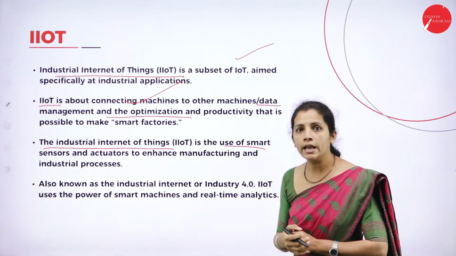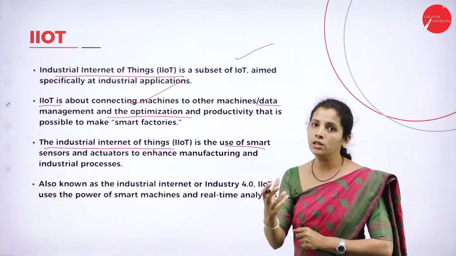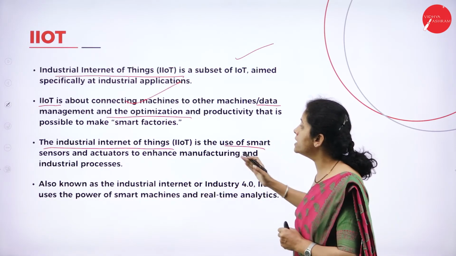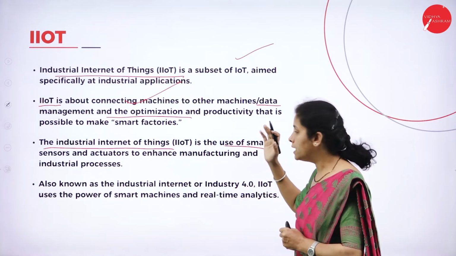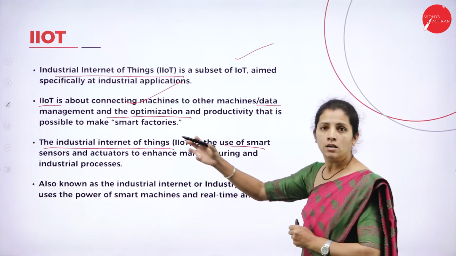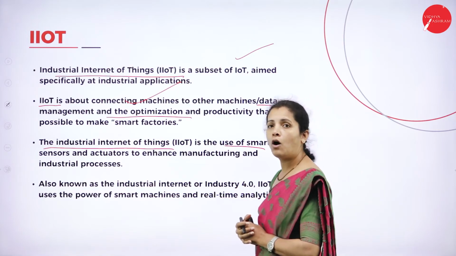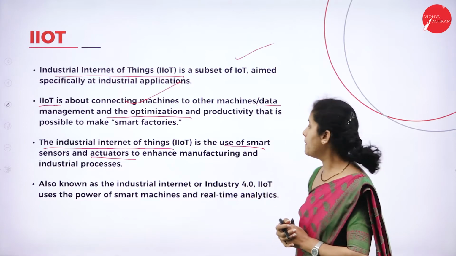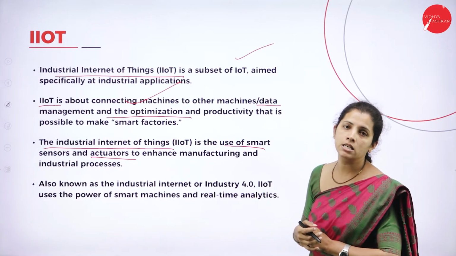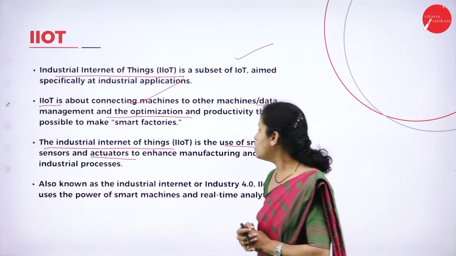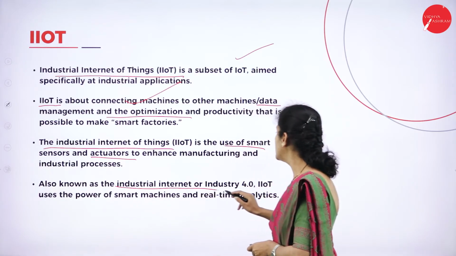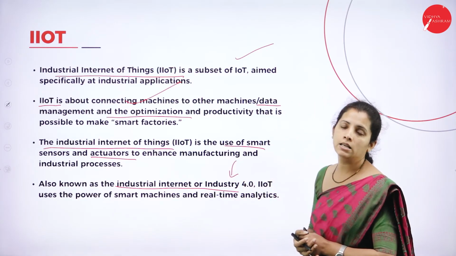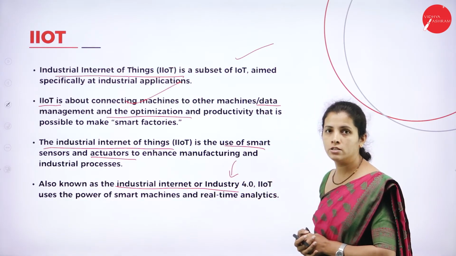That means we can improve the productivity or quality of goods by using smart sensors or smart actuators to enhance manufacturing and industrial processes. It's also known as the industrial revolution, that is Industry 4.0.